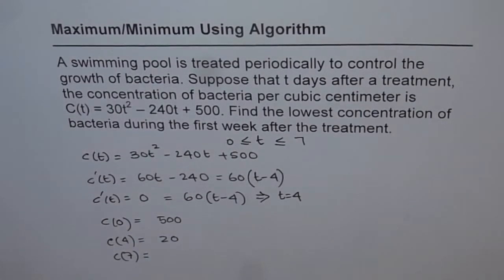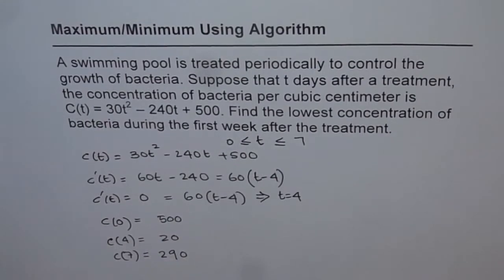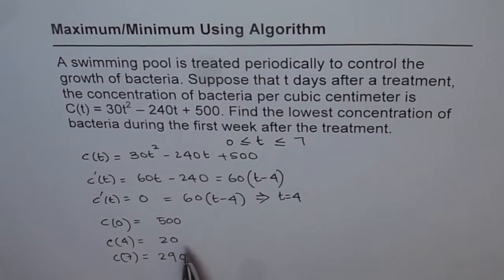And for 7 we get 30 times 7 square minus 240 times 7 plus 500, which gives us a value of 290. So we got these three values, and from here we can clearly see that it has a maximum of 500, minimum of 20 within this closed interval, right? And at 7 we get a value of 290, right?